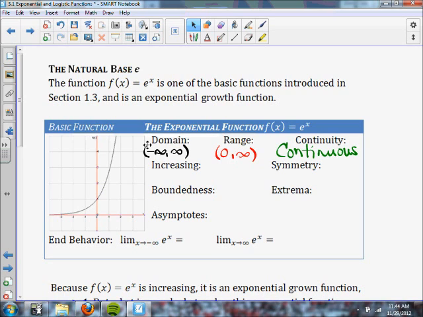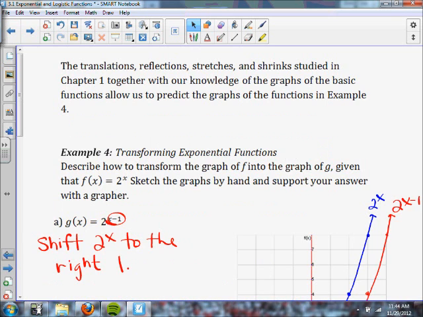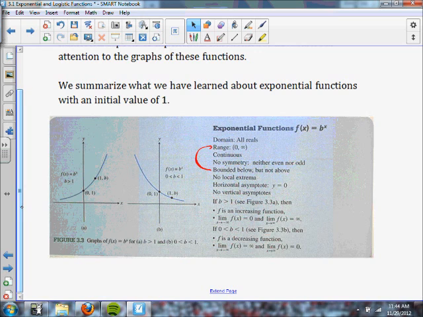How about increasing or decreasing, Lash? What do you think? It's always increasing, right? So it'll be negative infinity to infinity. Kyrie, how about symmetry? No symmetry. Michael, boundedness? Look here, what's it say?